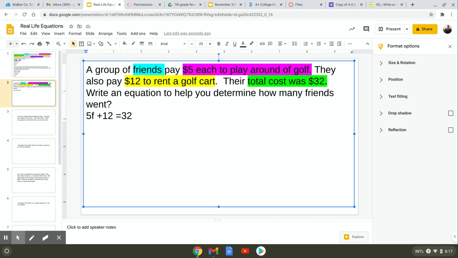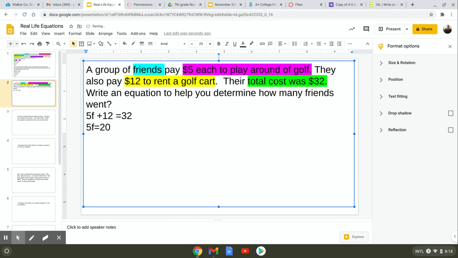Each friend, F, paid $5 each. They all paid $12 to rent a golf cart. That's a constant number. It's not going to change. And we know that their total was $32. So we would just solve this like normal. First, we would subtract 12 from both sides, and that would give us 5F is equal to 20.